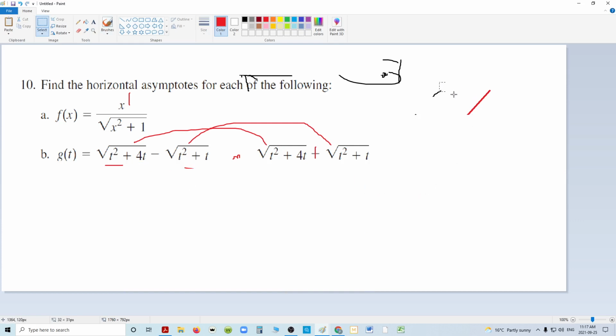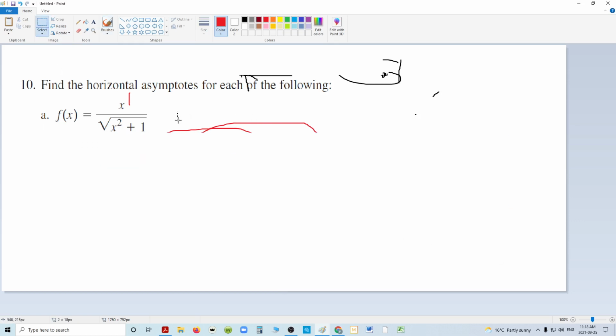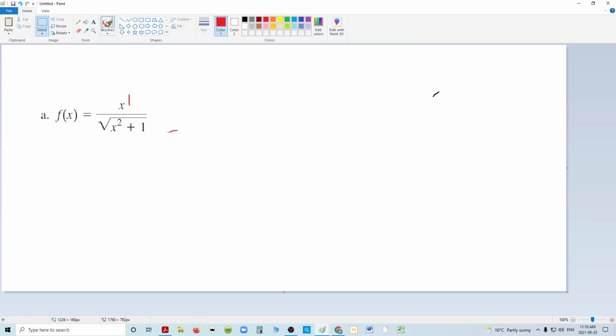Let's try... Just get rid of this for now. It's interesting. I would think it's y is equal to 1 for this one, just because they both have a 1 in front and they're essentially the same powers. And I believe it's going to cross y is equal to 1.